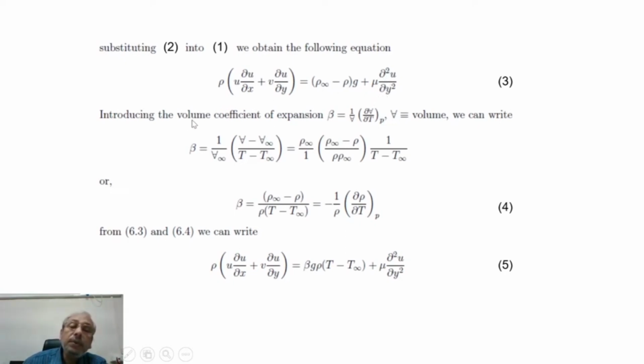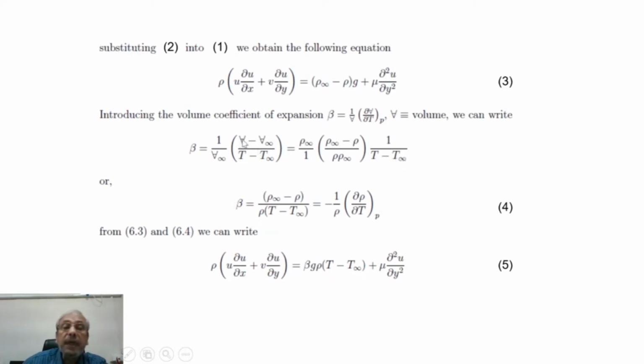Now we introduce this volume coefficient of expansion beta, which is given by 1 by original volume V, ∂V/∂T, the volume change due to temperature difference at constant P. So we can write beta equal to 1 by volume V infinity, (V minus V infinity) divided by (T minus T infinity), ∂V/∂T, equal to, we can just perform this algebra, (rho infinity minus rho) divided by rho into rho infinity, 1 by (T minus T infinity).